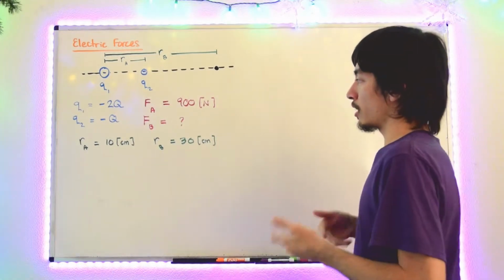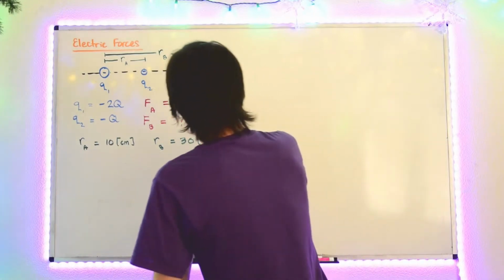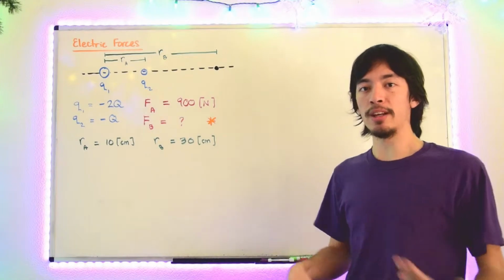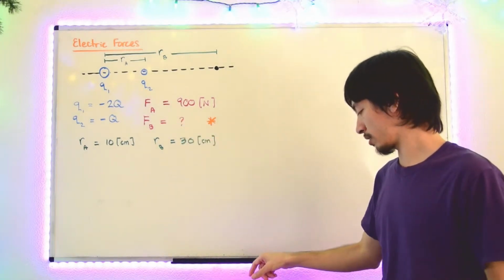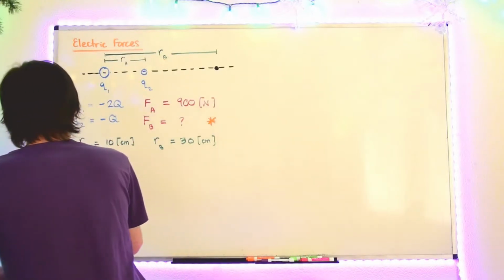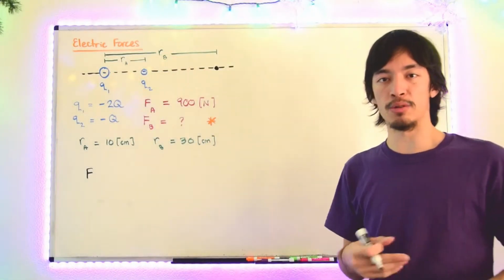So what we're going to do is, since we're missing this information about B and we want it, let's start with an equation that could potentially find what this force is. So let's just attempt to find it. We know that the force between two point charges can be described by Coulomb's law.